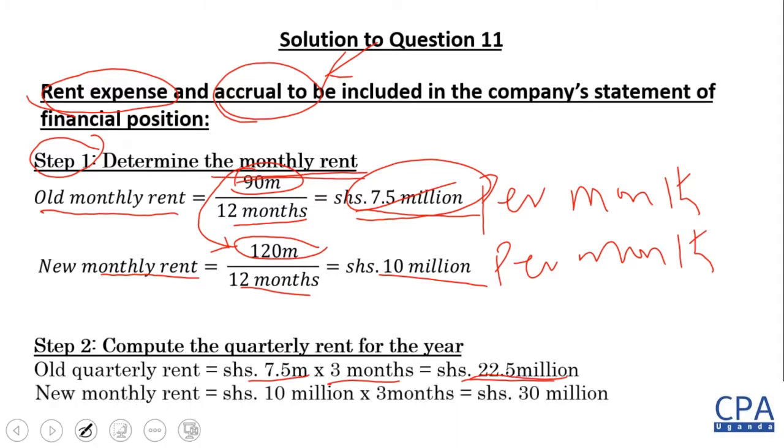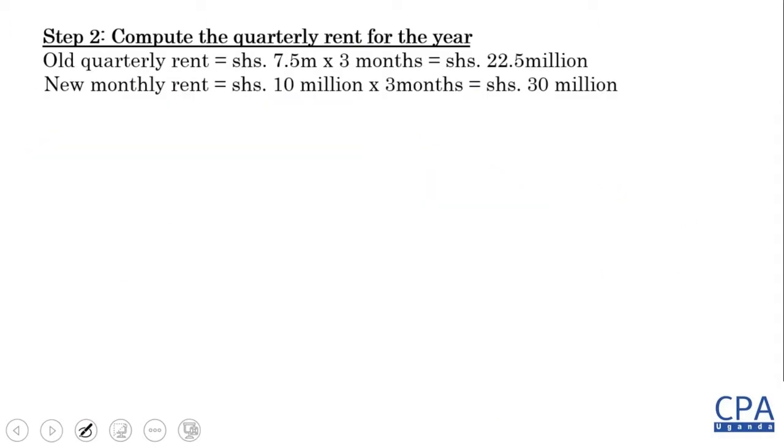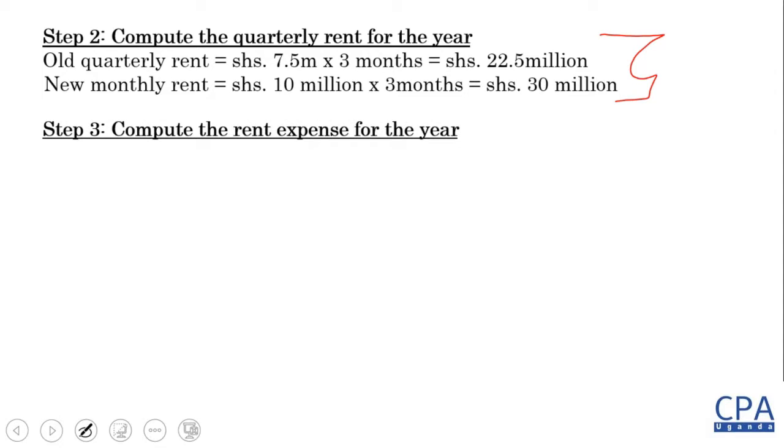Because of the increase of the rent from 90 million to 120 million per annum, the new rent for the quarter is going to be 10 million times 3 months, which gives us 30 million. After computing my rates per quarter, I now move into step number 3 to determine the rent expenditure for the year and the accrual that's going to be included in the statement of financial position.